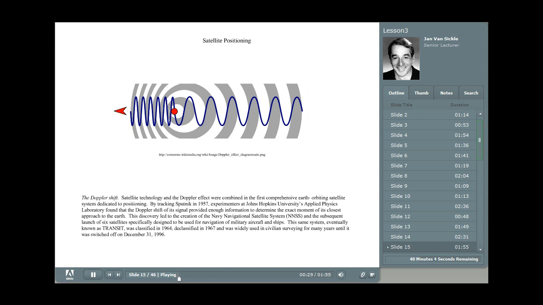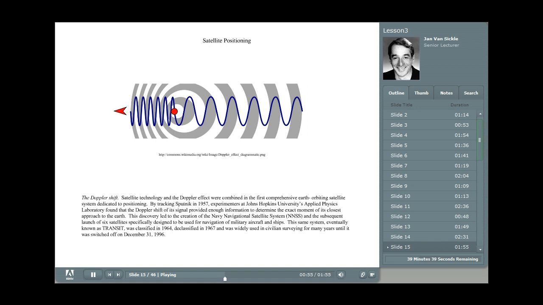Now, this idea led to the creation of NNSS, or the Transit System, that was then used by the Navy, particularly for aircraft and ship navigation. It was declassified in 1967 and used up until it was switched off at the end of December 1996.